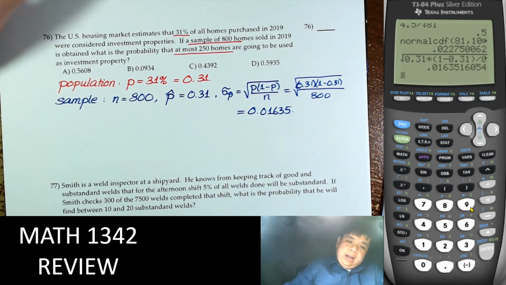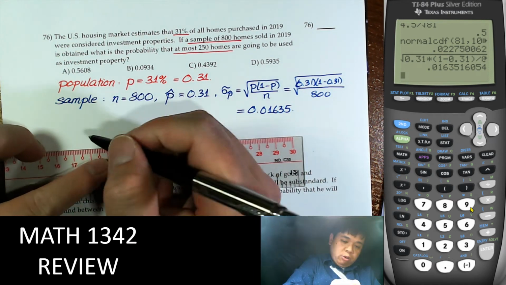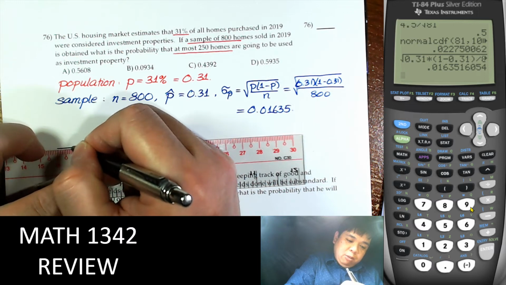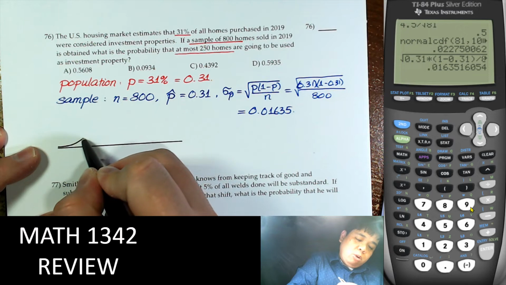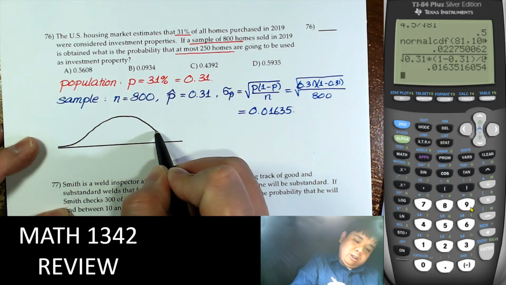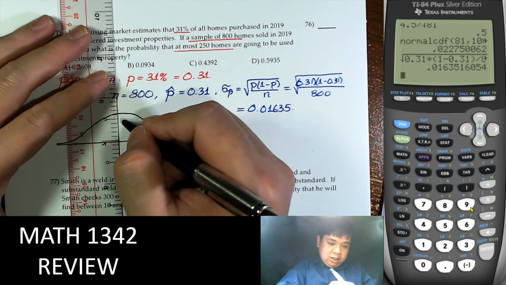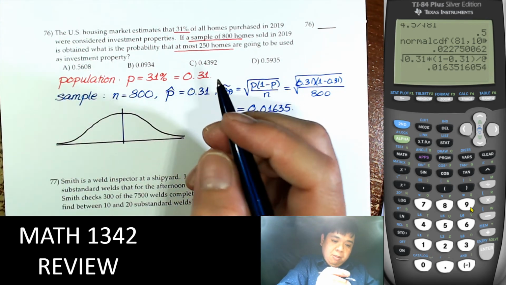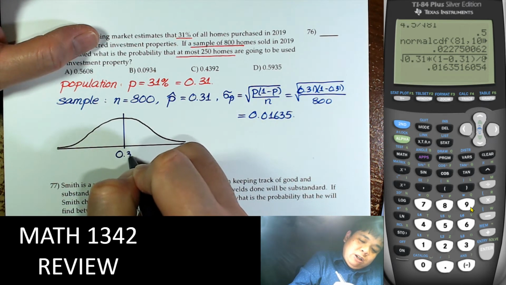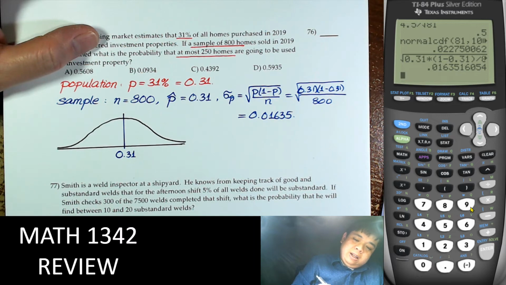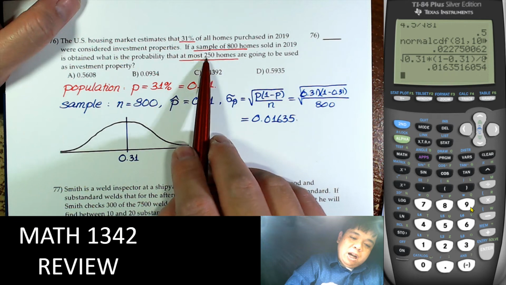Right, and so this also follows. Of course, if we check all the assumptions, it will pass, and this will be approximately normal. Without it, we won't be able to calculate. Right, so what is the mean here? Actually, it's going to be 31%, and then the question asks to find the probability that it is at most 250.